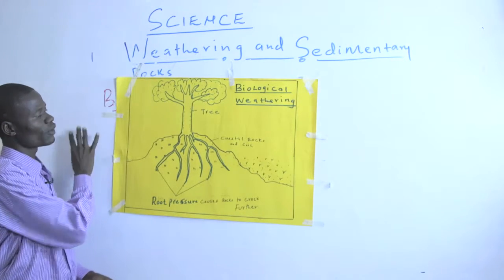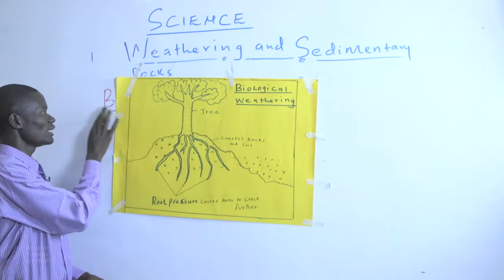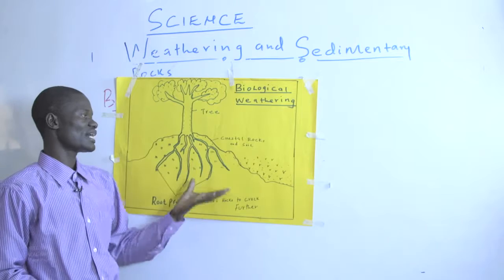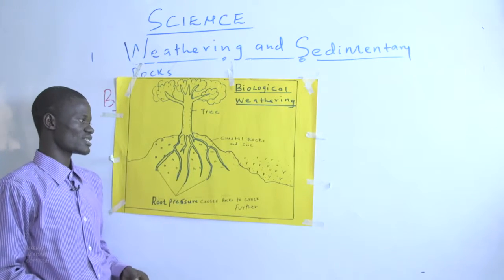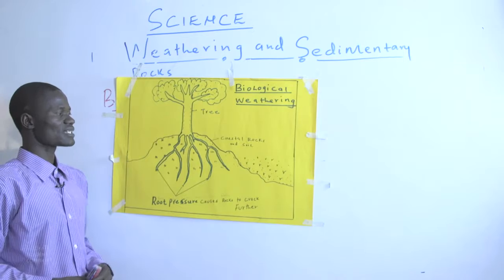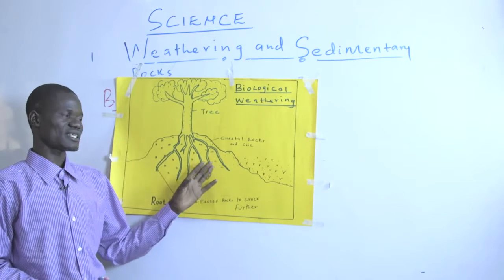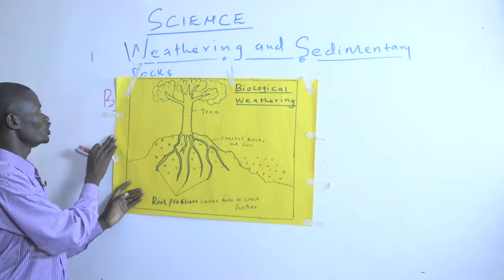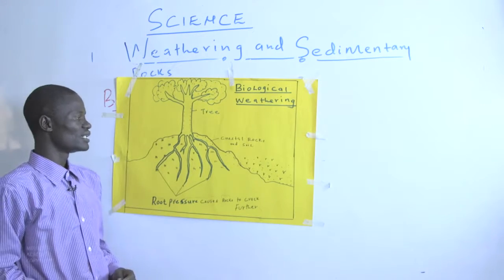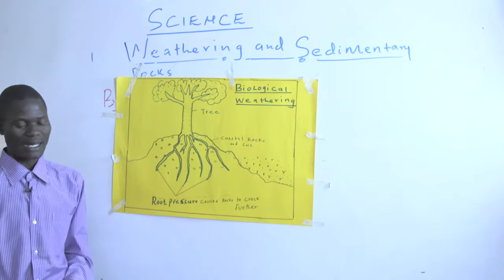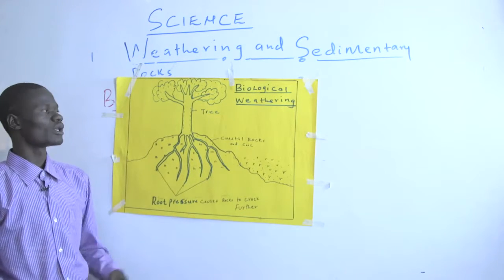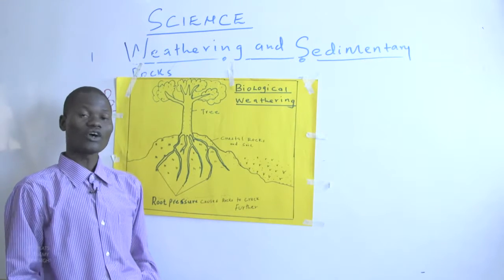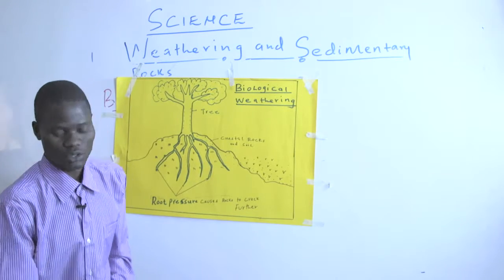They may burrow slowly into the soil, and immediately as they meet the crust of rocks surface, they release some organic substances such as acids, which will continue the process of breaking down the rocks into smaller pieces, and that is what you call biological weathering. We will move on and look at chemical weathering.